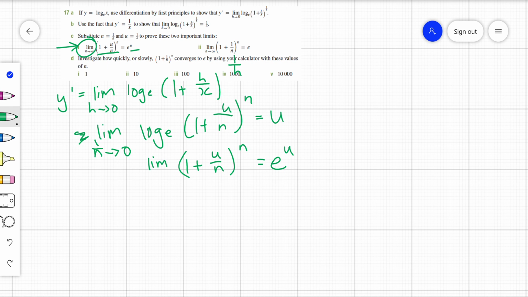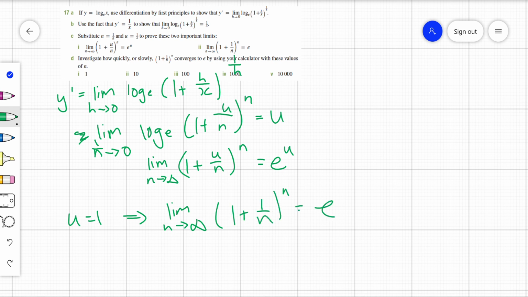For 1 on n to go to 0, that means n is going towards infinity. So that was just doing a substitution and then rearranging it using our log laws, exponentializing both sides. And then of course, if I let u equal 1, that will give me the limit as n goes to infinity of 1 plus 1 on n to the n, so u goes to 1. So that goes to e, the number e.